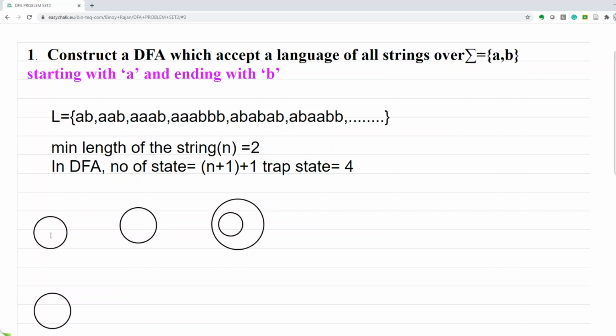So it is Q0, Q1, and here Q2, and this QT.